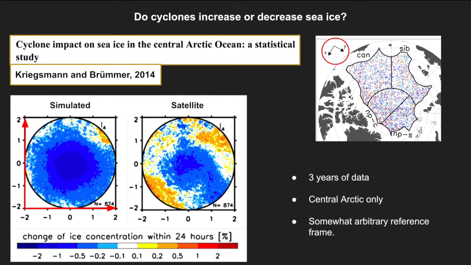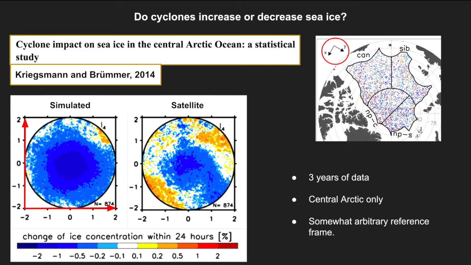So there's some reasons why we think that this might not be the full story, and it's based on the methods that they use. The first is they only use 3 years of data, and we found that large data sets and big sample sizes are really useful for answering this question and getting above the signal to noise issue for how cyclones affect sea ice.